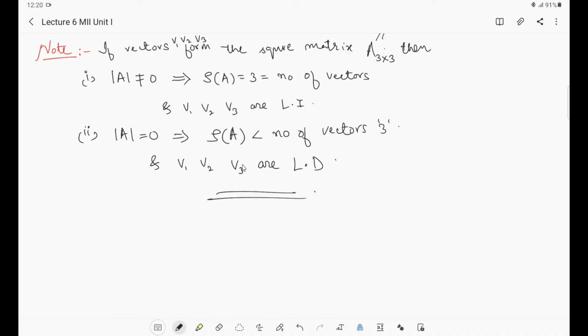Now let us see problems related to this. The third problem is to find whether a few vectors are given.